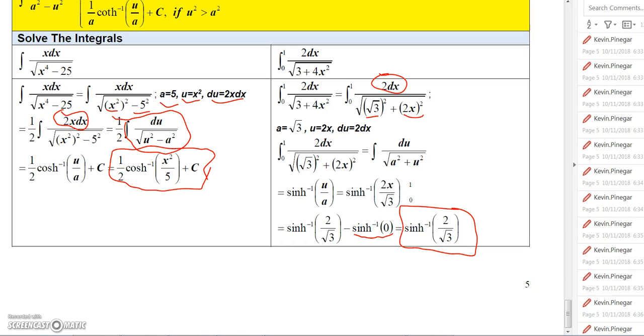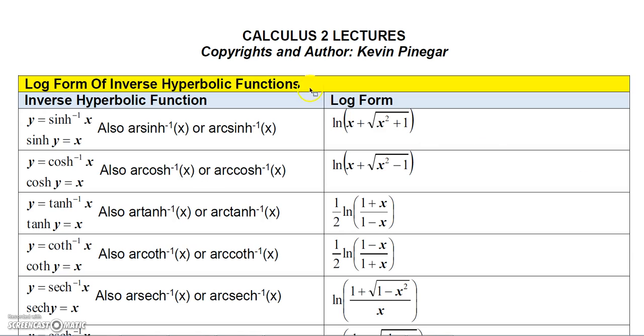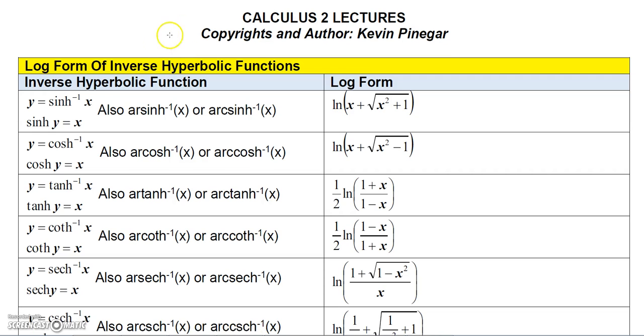Let me see if I can find those relationships for you and show you how these hyperbolic inverses are related to logs. Okay, I got these off of Wikipedia, so you might want to double check them, but I just wanted to share with you that these arc or inverse hyperbolic functions do have another way that they can be written.